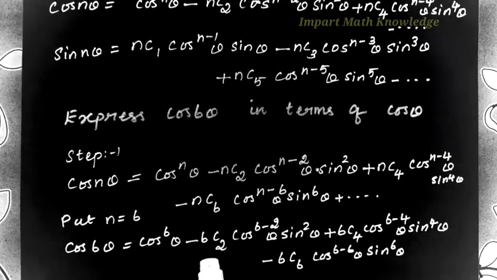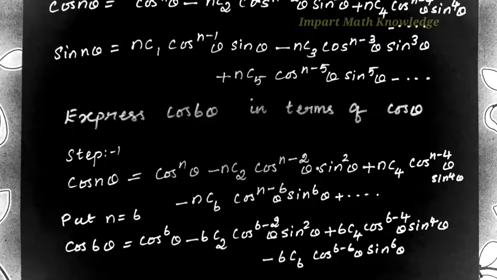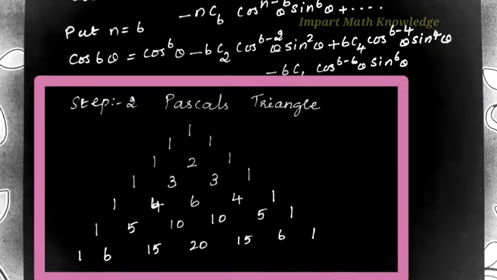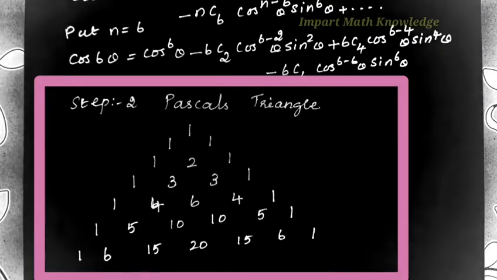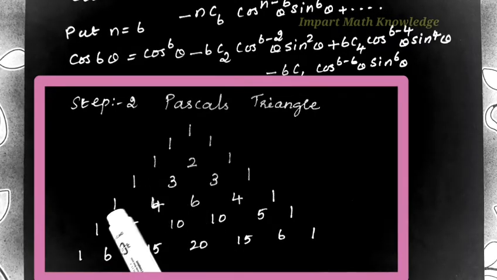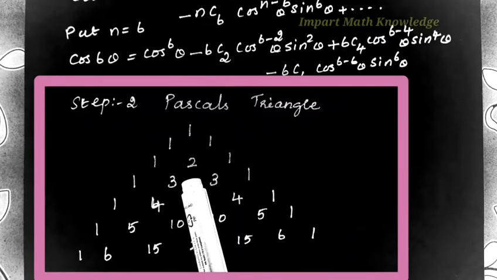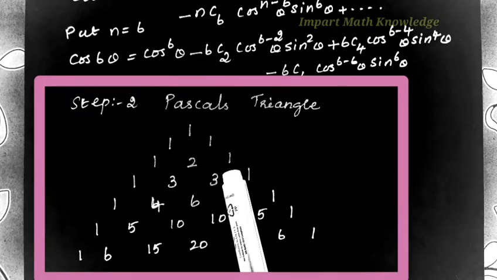We can find 6C2, 6C4 and 6C6 values using Pascal's triangle. The Pascal's triangle is like this. Since our n value is 6, we write 6 rows. First you write 1, 1, then 1, adding 1 plus 1, 2, then 1 again.